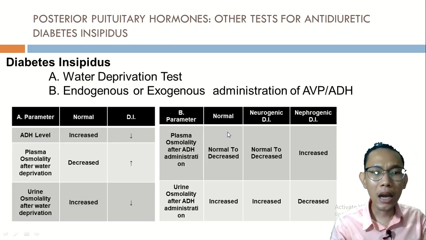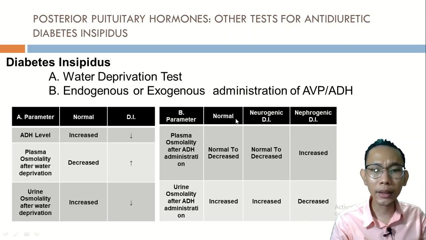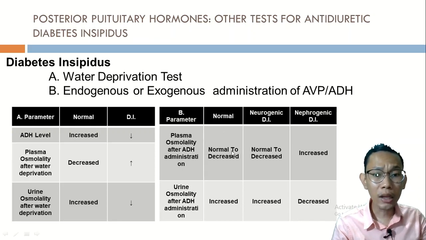So dapat, 'di ba, kung nagbibigay ka ng antidiuretic hormone, ano nangyayari sa plasma osmolarity sa normal na tao? It should be normal to decrease. Ano nangyayari sa urine osmolarity after antidiuretic administration? It will be increased. So how are we going to differentiate neurogenic from nephrogenic using your exogenous vasopressin administration?